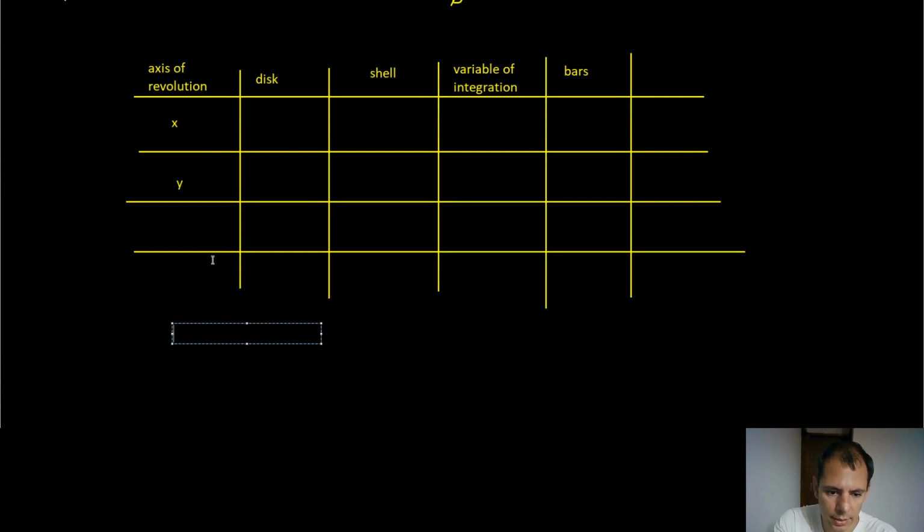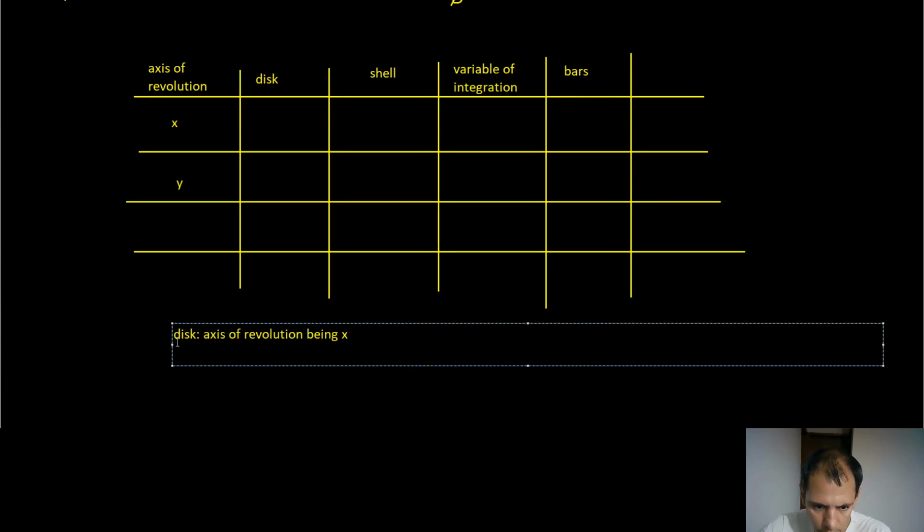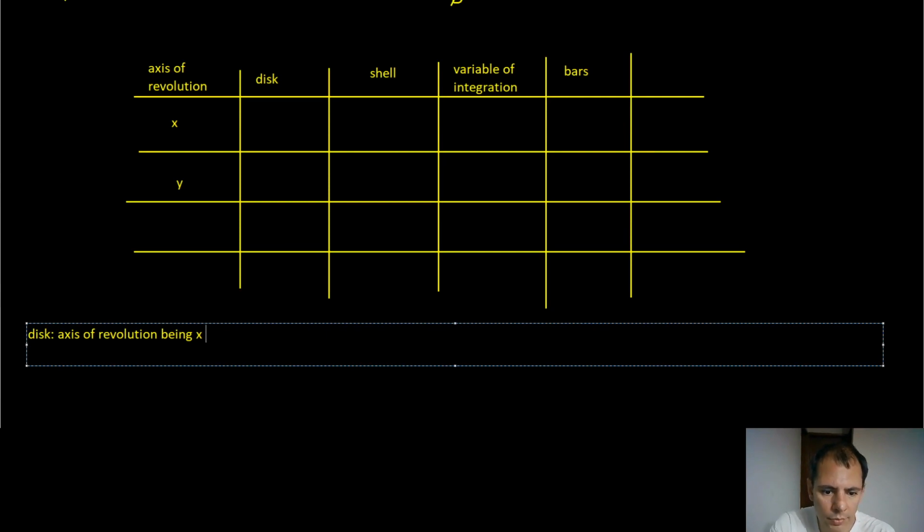For example, disk. For the axis of revolution being x, gotta make this huge in here. The axis of revolution being x.